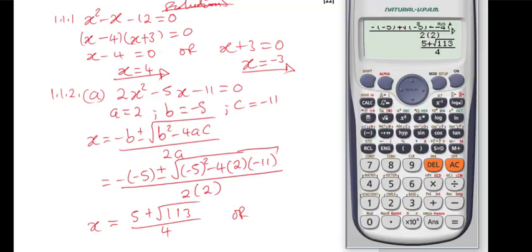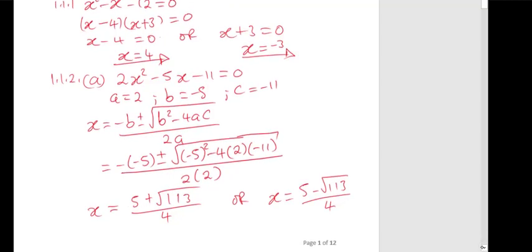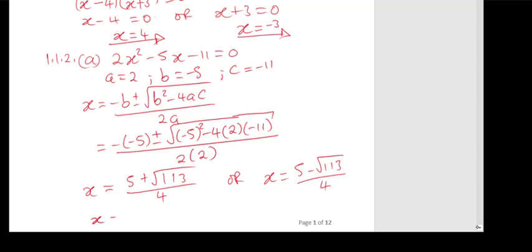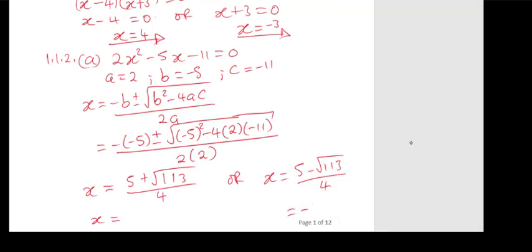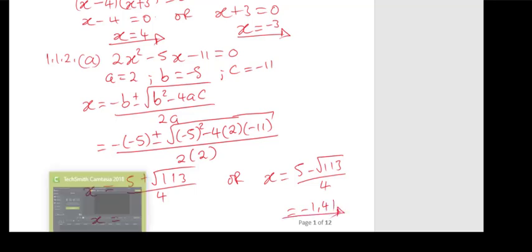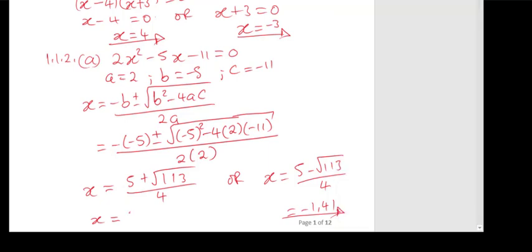Write the number in decimal format and leave your answer to 2 decimals. So the answer is minus 1,41, and the other one is 3,91, as the values of x.